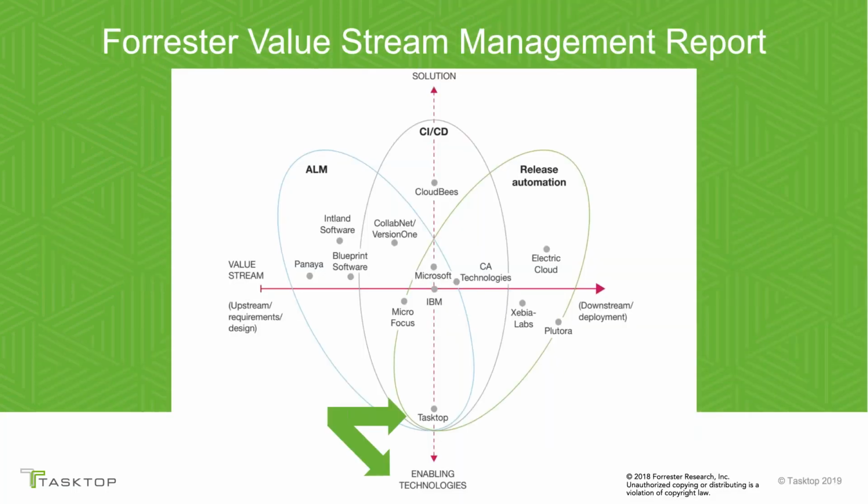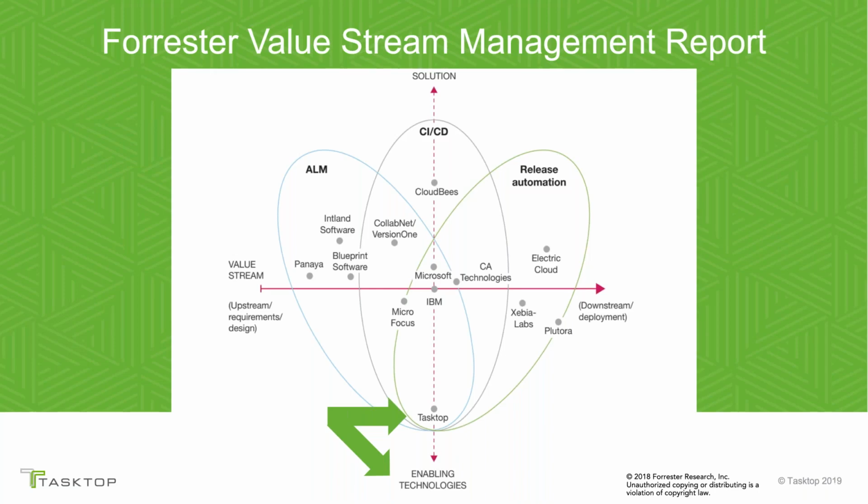So Forrester did a big review on it last year, and you can think of all the other companies out there in the world that say they do value stream management, and they do, but each of them are in their own little silo of what they focus on. They focus on application lifecycle management, CI/CD, release, and they're all good or bad or so-so in everything they do.